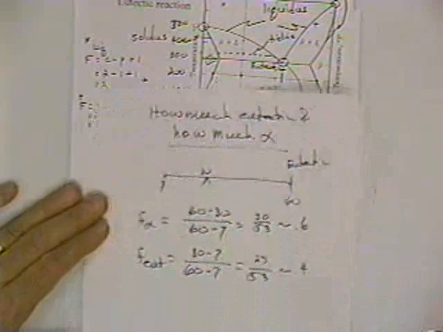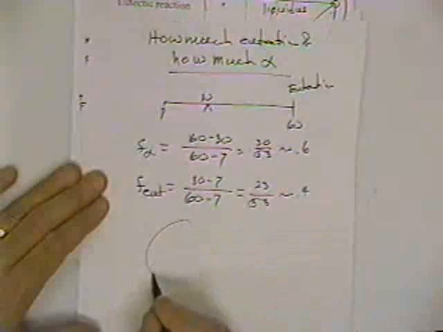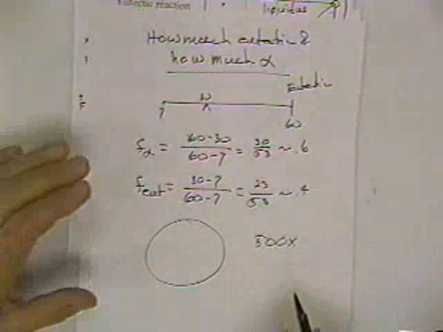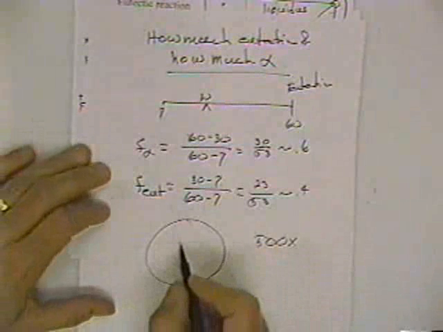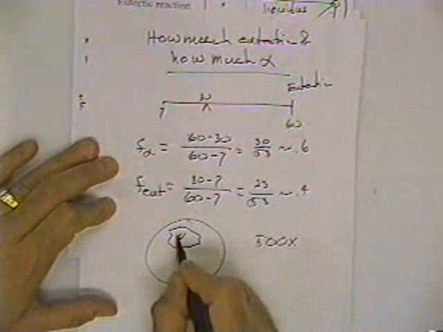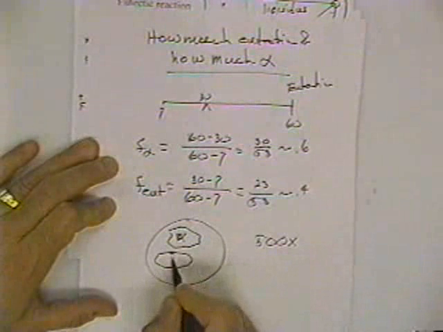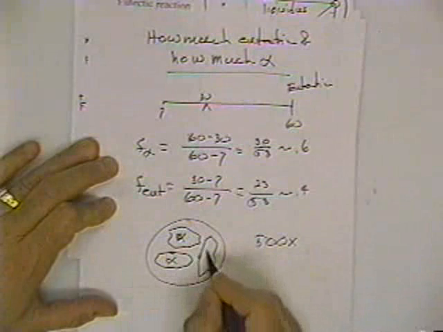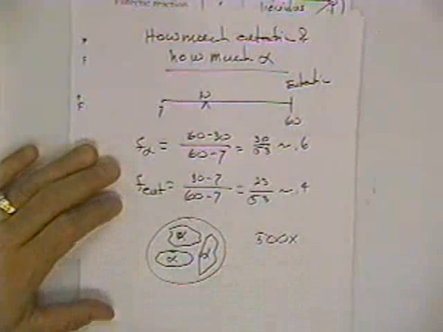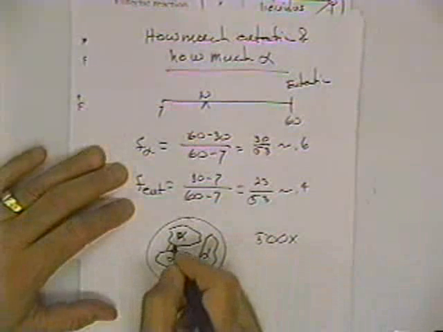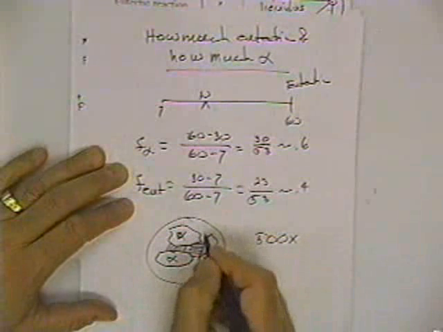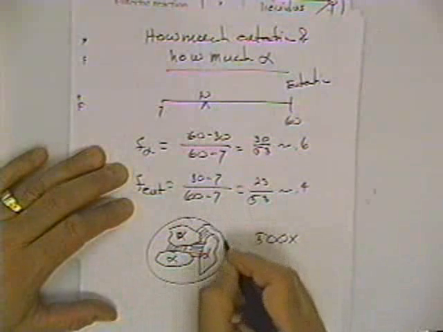And what would that tell you then if we were to draw the microstructure? Cross off that other microstructure that you had here, because we're going to have 60% alpha. The other product, the eutectic, comes out as an intimate mixture of two phases, and it might come out as platelets or something like this.